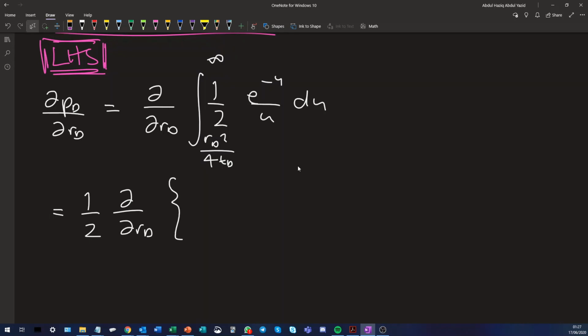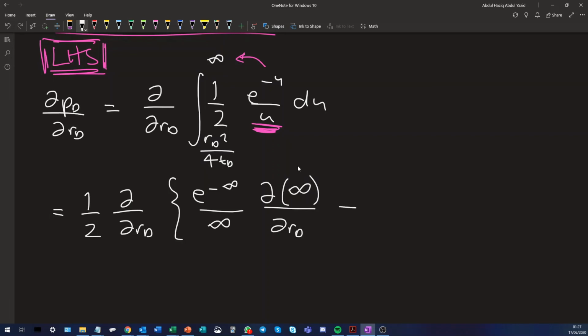So using the fundamental theorem of calculus, at the very first part, we have the integrand substituted with a negative over there. So we will have e to the negative infinity over infinity multiplied by the derivative of our top bound, dou of infinity over dou of rd, which is what we have on the outside here.